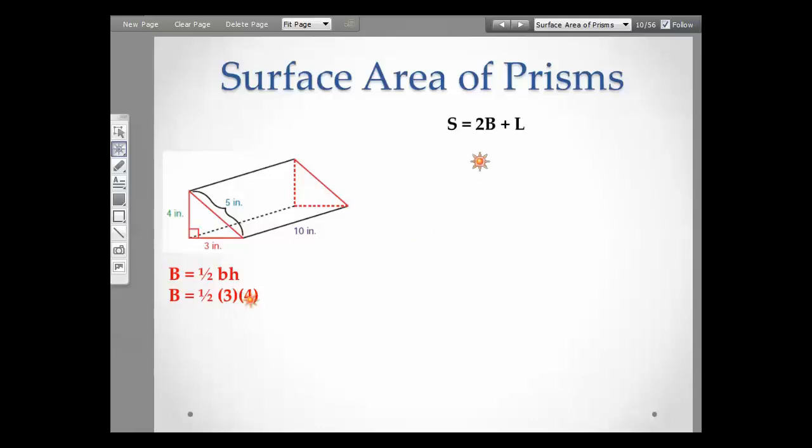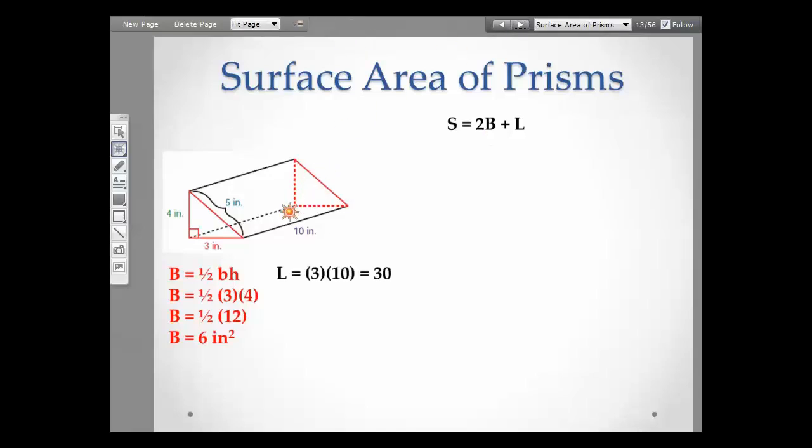So now my formula reads 1/2 times 3 times 4. 3 times 4 is 12, and then I'm going to get half of that, which is 6. So the area of this red triangle right here is going to be 6. And that's the number that I'll be plugging in for the capital B in my surface area formula.